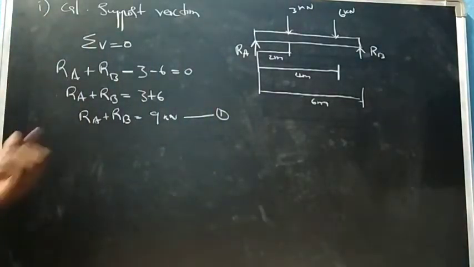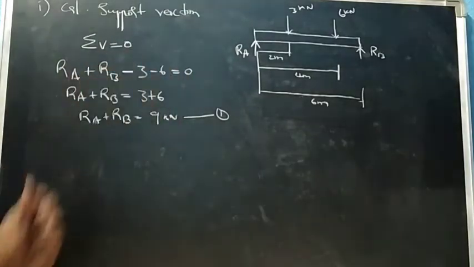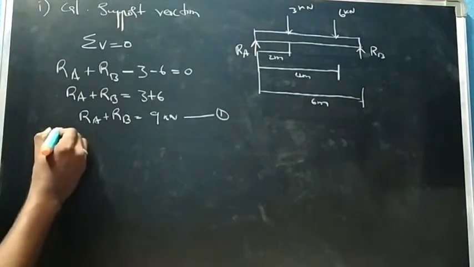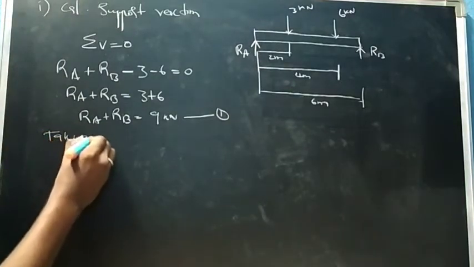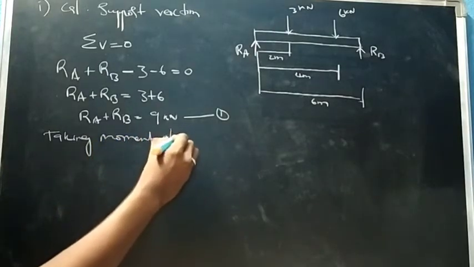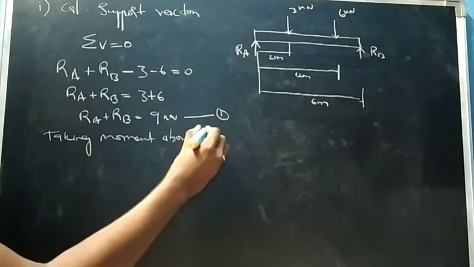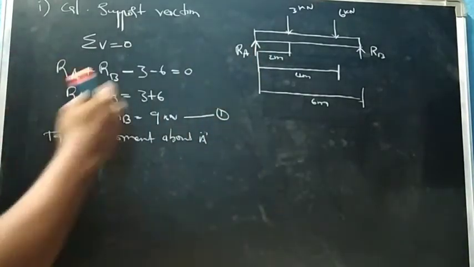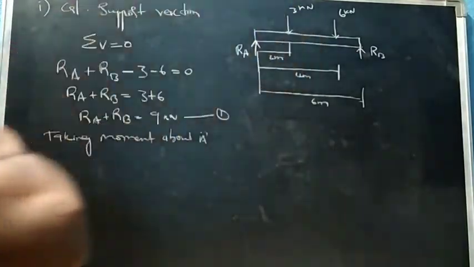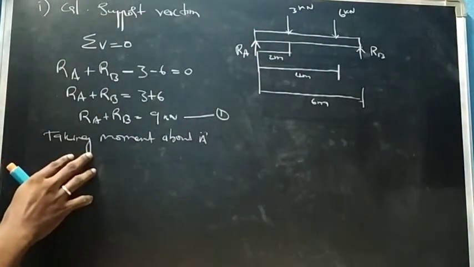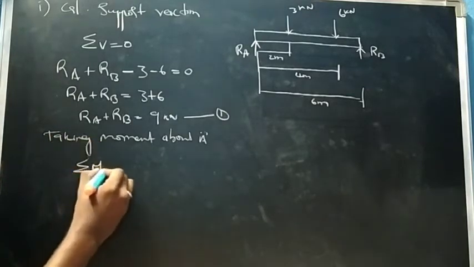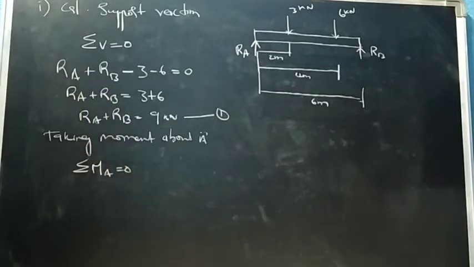Now to find out any one reaction, we'll consider moment at A or B. So taking moment about A. So how to calculate moment? The load into perpendicular distance, right. So now we can write summation of moment at A equals to 0, right.